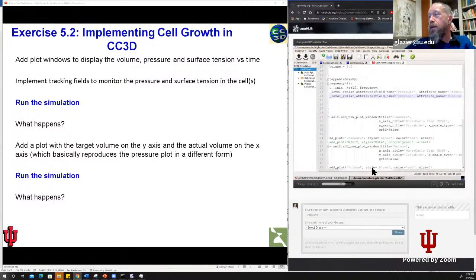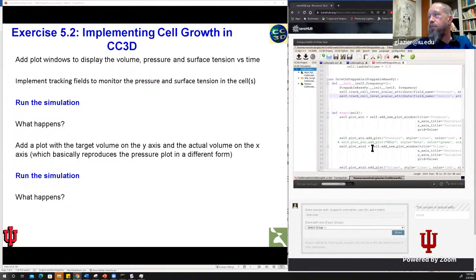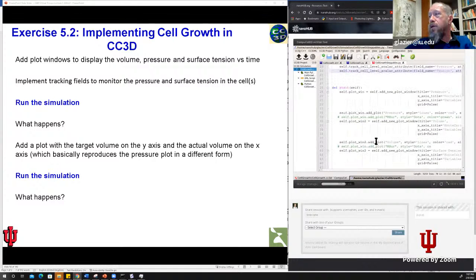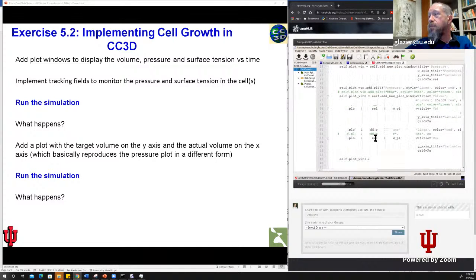And remember, with tracking fields, you have to copy the value into the cell.